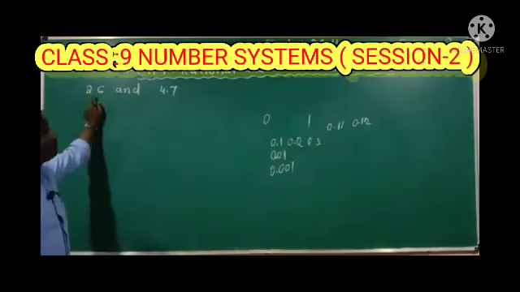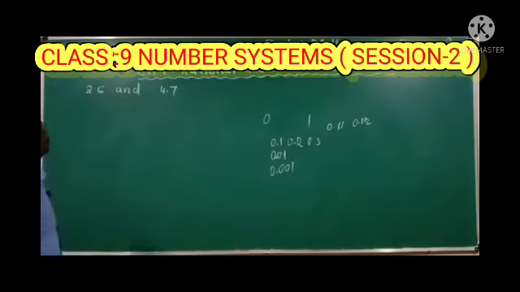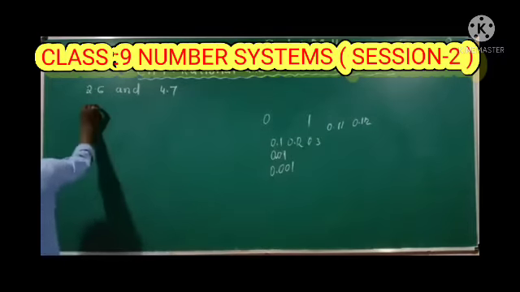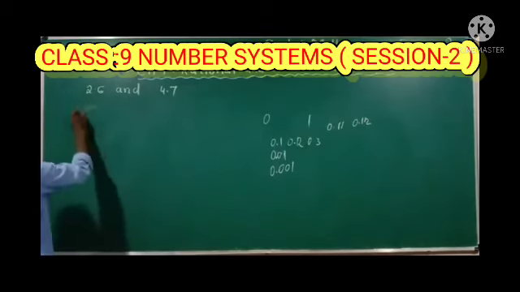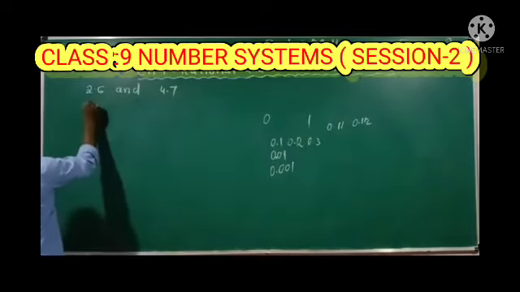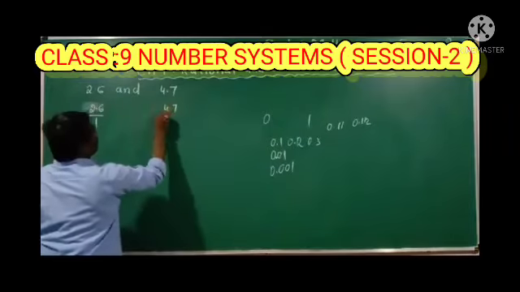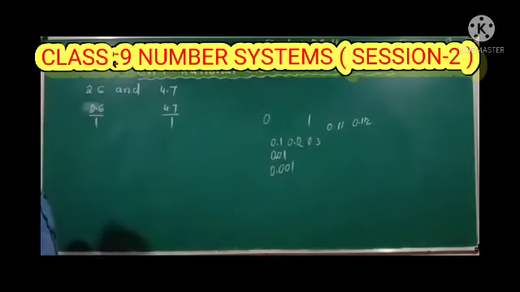So write the rational numbers between 2.6 and 4.7. Just multiply by 10 on both sides. The denominator of these numbers is always 1, 4.7 divided by 1, right?